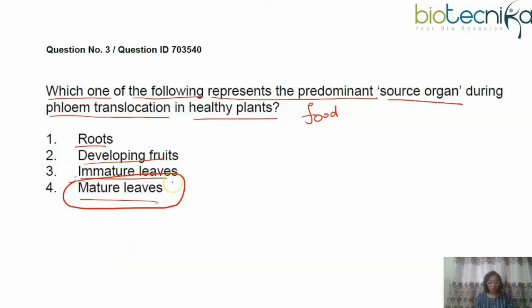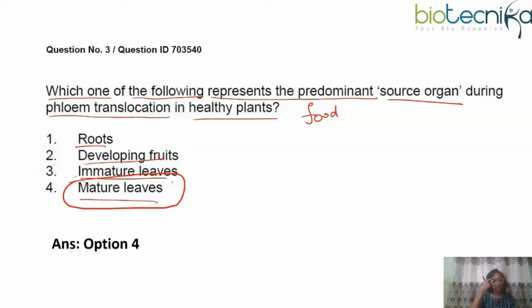Developing fruits, non-photosynthetic parts, again sink. And immature leaves, even though some level of photosynthesis will be going on in them, it's not sufficient for their carbon requirement. So when leaves are young and small, they act as sink, not as a source. Only when they grow, develop and mature can they act like a source organ.